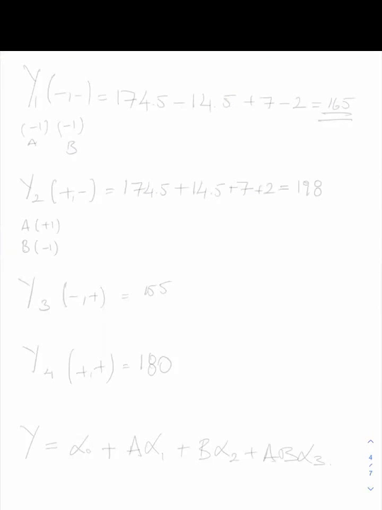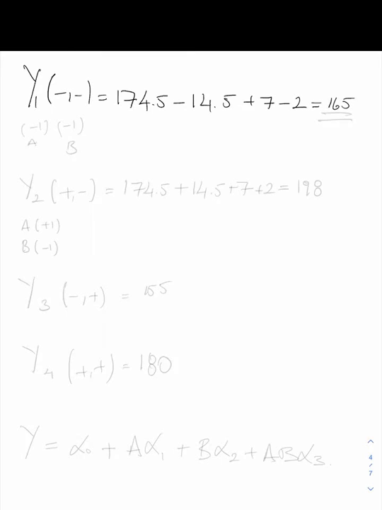Okay, so let me change the color back. So your y1, let's say that's the minus corner, is going to be 174.5 minus 14.5 plus 7 minus 2, and that's going to be 165.